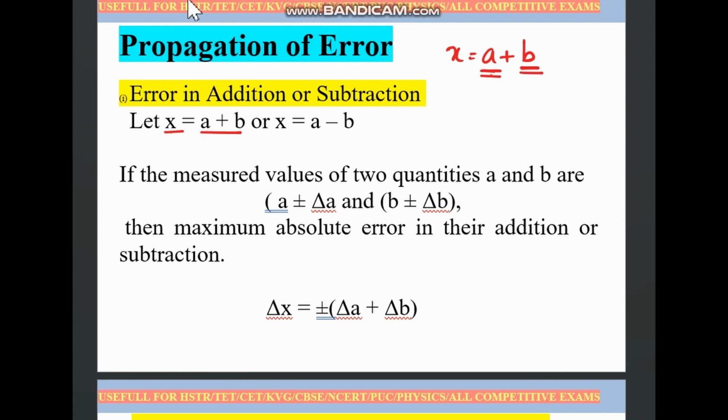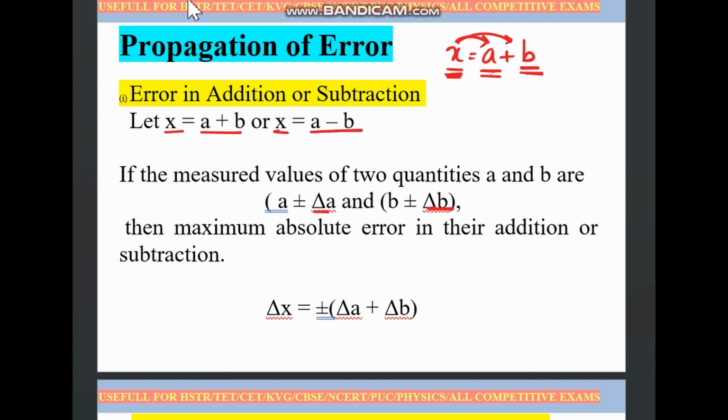If a has error, then x also has error. If b has error, then x also has error. It means x depends upon both a and b. If a and b have errors delta a and delta b, then x is also with error.